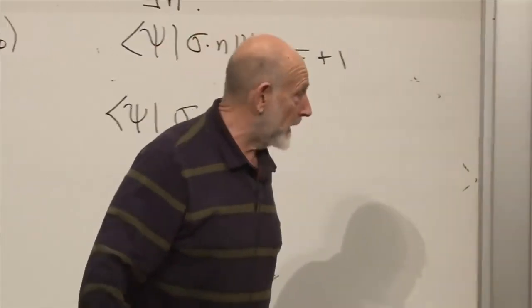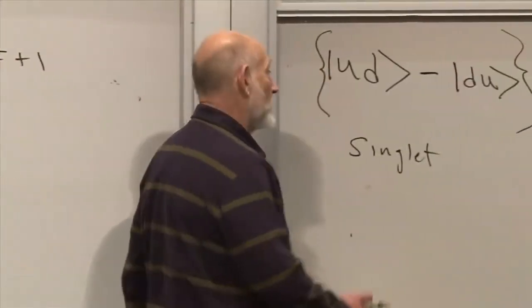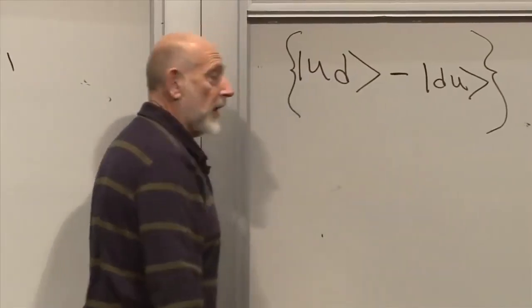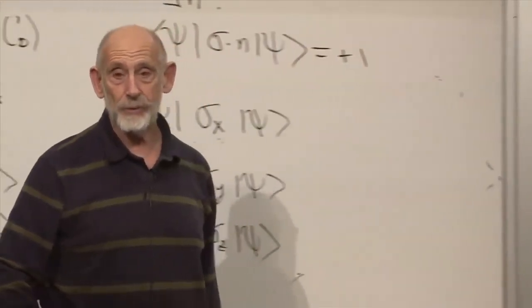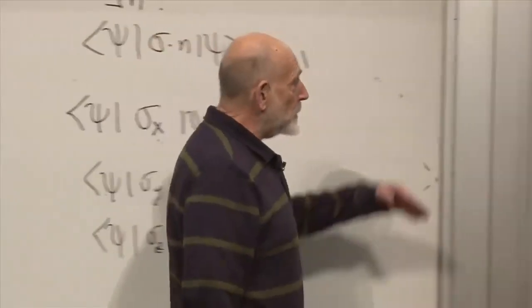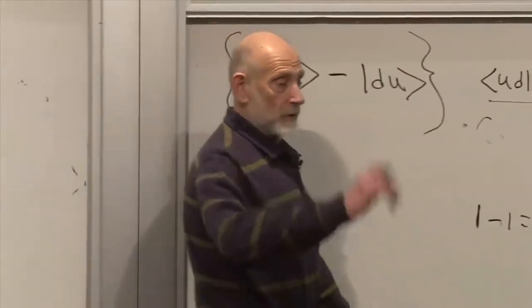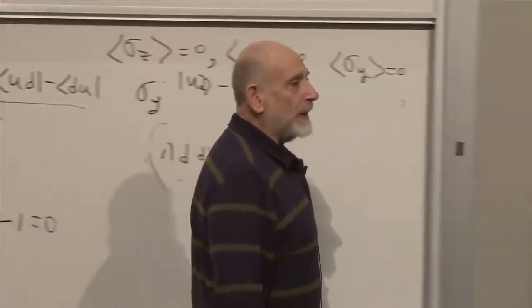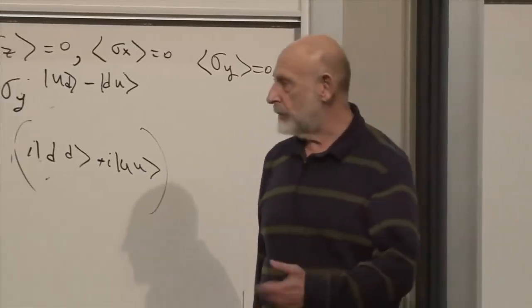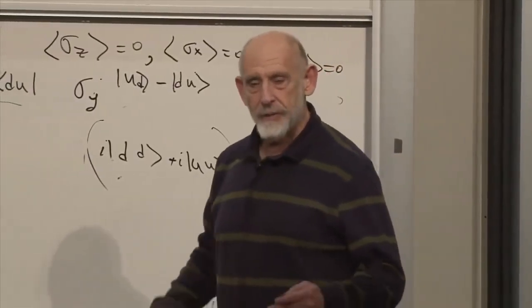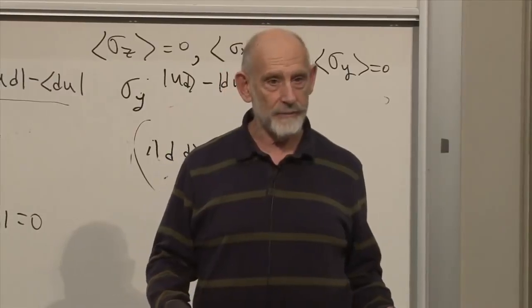Now, I might tell you right now this state does have a special feature that up, down, plus down, up wouldn't have. Supposing you took this state, and this is a good homework assignment, up and down individually for both sigma and tau can be rewritten in terms of left and right.